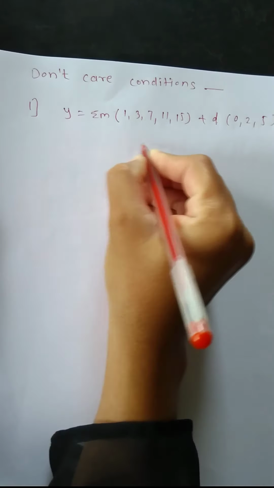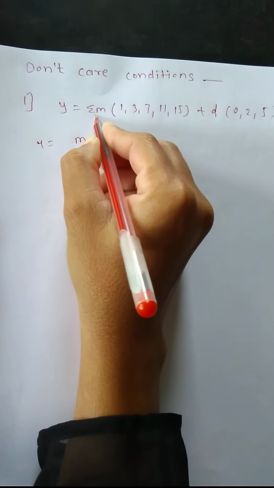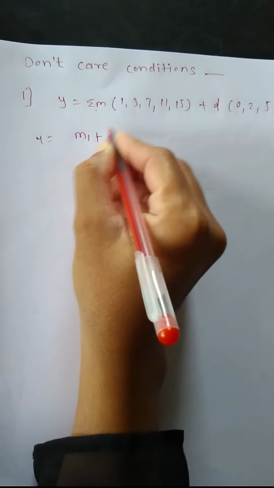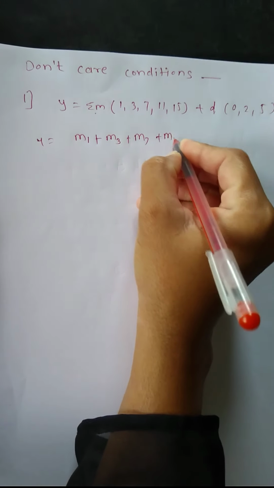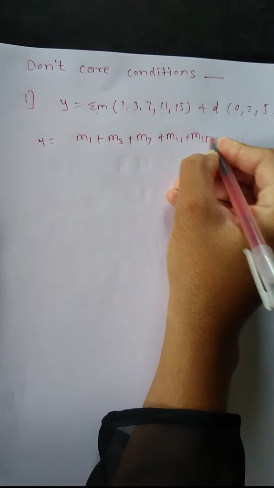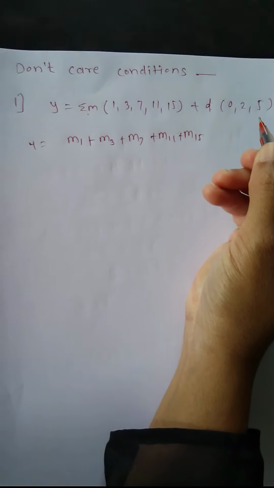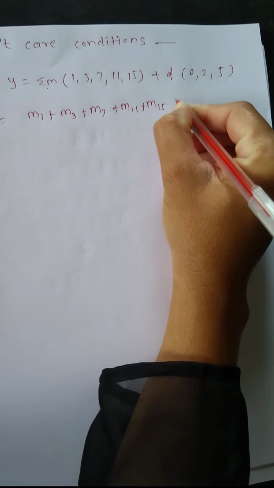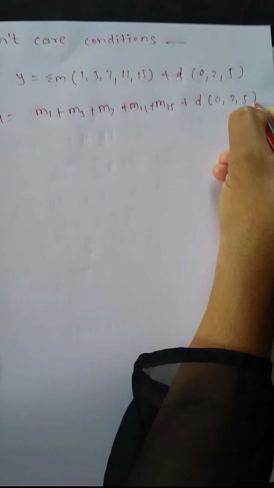So for the given equation, y is equal to summation m, these are the minterms: m1, m3, m7, m11, m15, and plus D, this is the don't care 0, 2, 5.